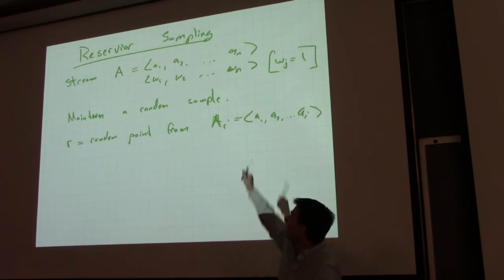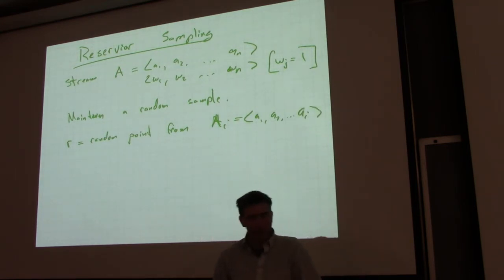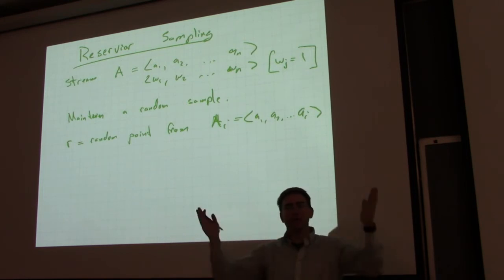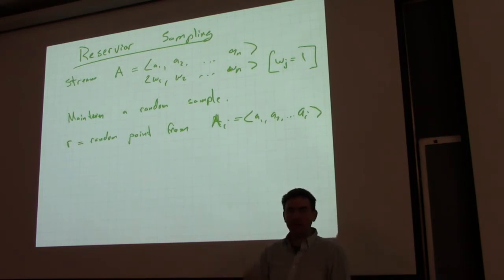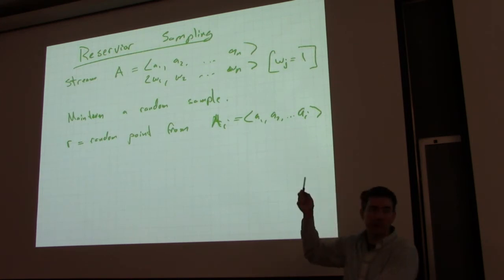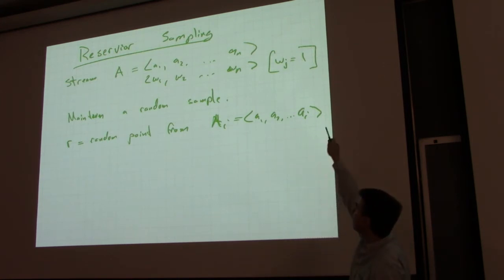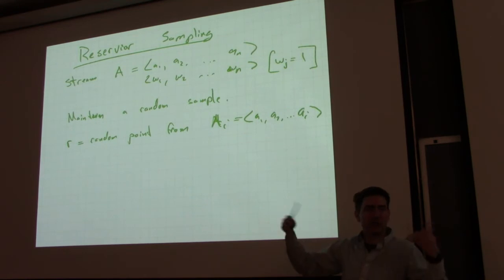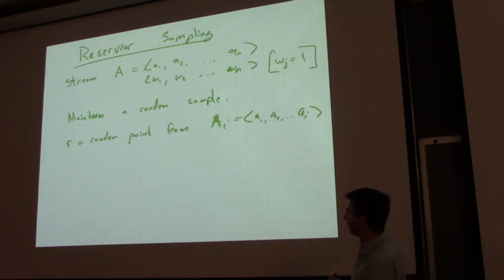So I stop after, so this is partway through the stream, and I pick one random point. At any point in the stream, I want this to be uniform at random. It can be done proportional to the weights too, but for now, if they're all equal weights, then I just want a uniform point at random from the stream. And there's a simple way to do this.